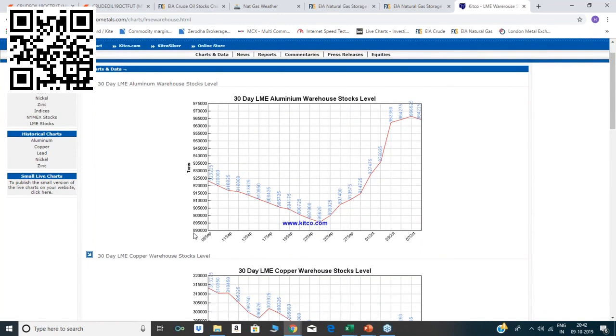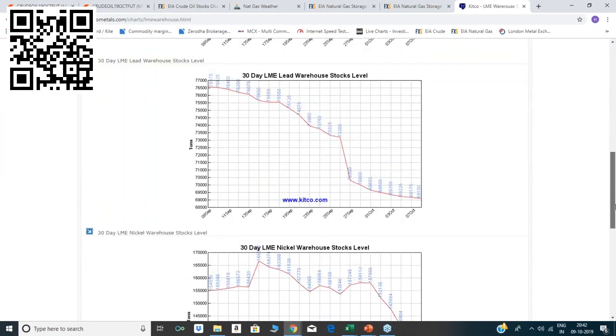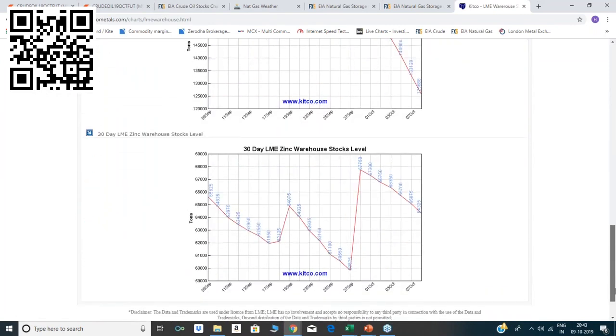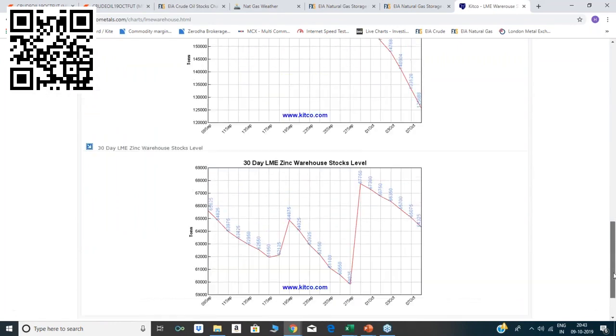Got it, sir? All of you got it? So this inventory data will impact our charts too. Clear?